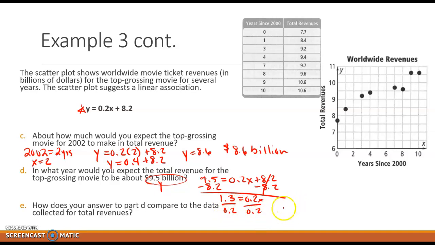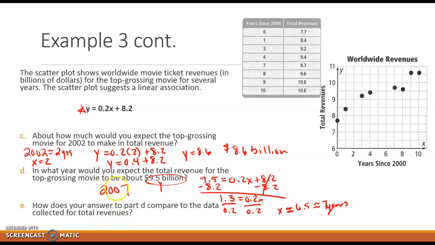And we get that x is approximately 6.5, well, is 6.5, which is approximately 7. So 7 years, and so 2000 plus 7 years would be approximately 2007.